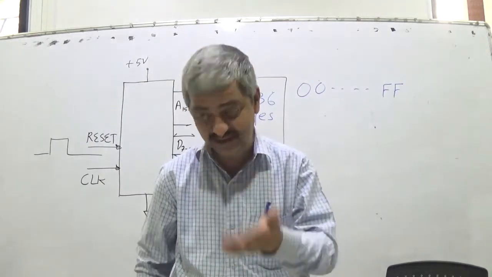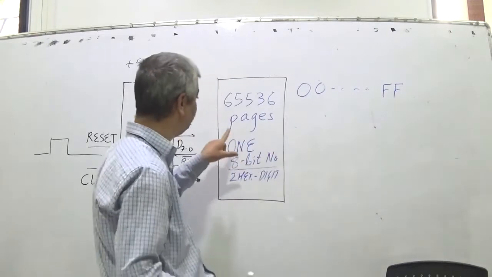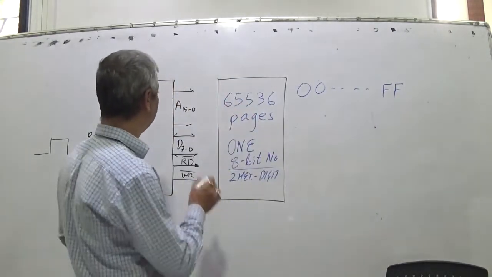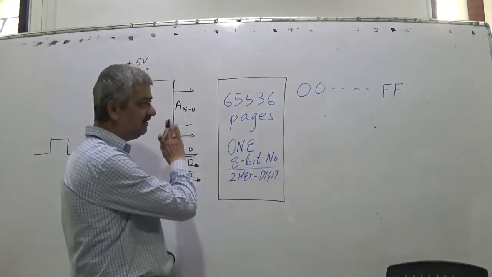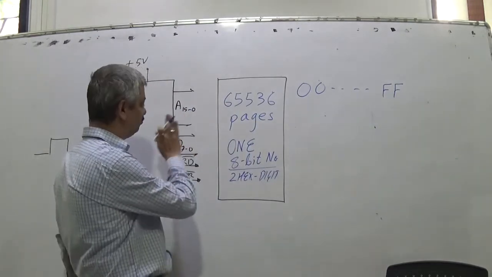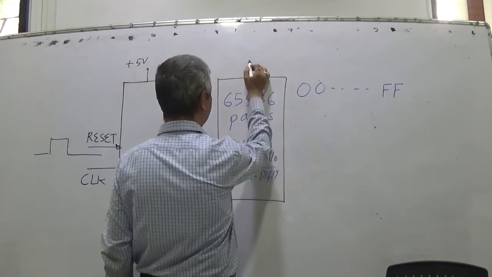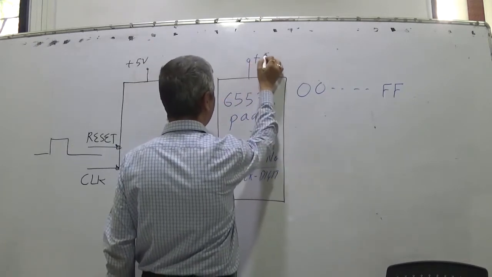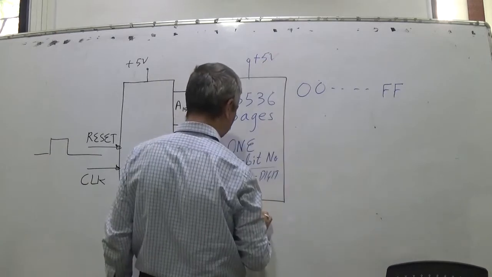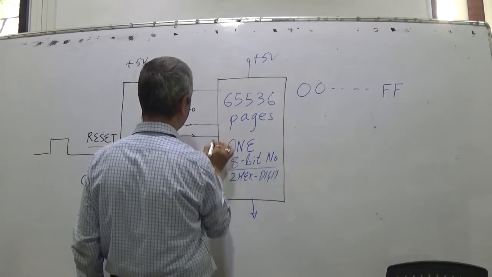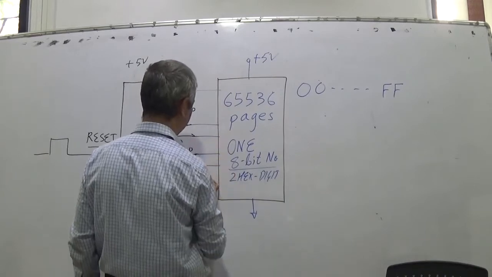And the next thing is the memory chip. The memory chip contains lines exactly complementary to those of the microprocessor. So the 65,536 location memory contains one supply line, one ground, and these lines: address as input, data lines as bidirectional, read bar and write bar input lines.